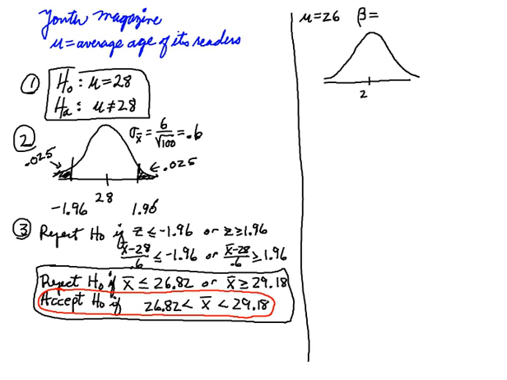If the real average turns out to be 26, what's the probability that my sample will lead to a sample average between 26.82 and 29.18? Well, what's the probability of being in this interval if the real average is 26?